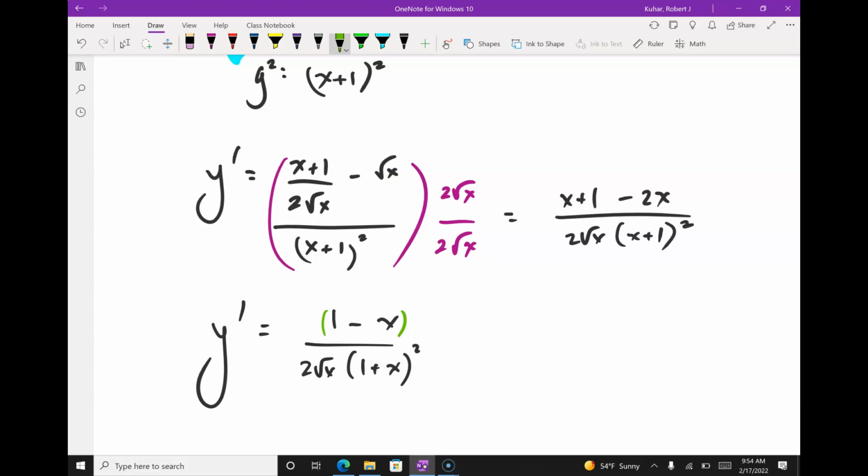Well, I have a point, 4 comma 2/5. I have a derivative now, so now I can find a slope. So my slope is going to come from y prime at 4. Everywhere there's an x, I'm plugging in a 4. So I get 1 minus 4 over 2 square roots of 4 times 1 plus 4 quantity squared.